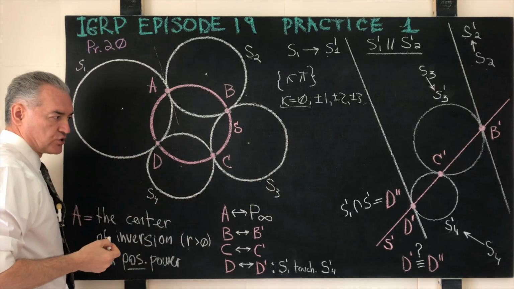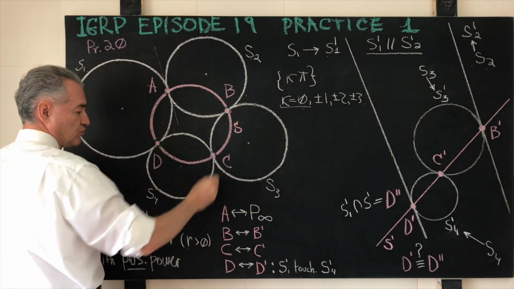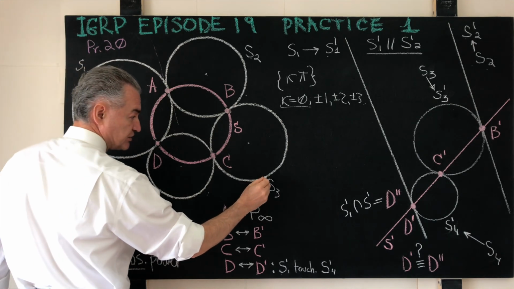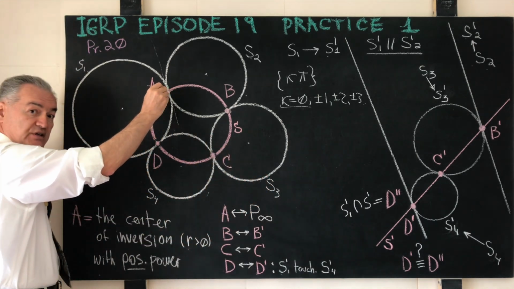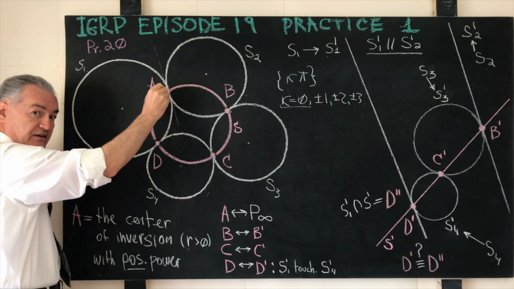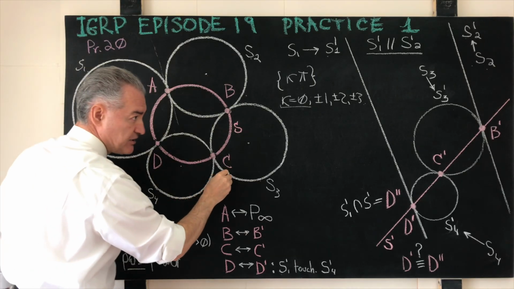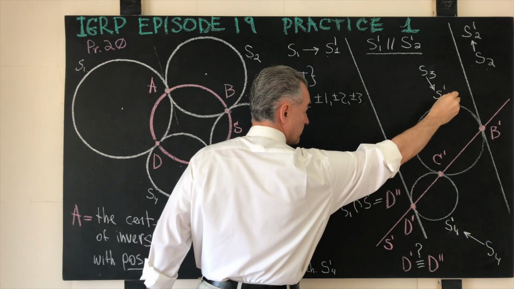We know that the circle S3 touches two other circles, the circle S2 and the circle S4, and that means that precisely because the circle S3 does not pass through the center of inversion, the point A that we picked for demonstration purposes, the circle S3 will be taken into a genuine circle S prime 3.